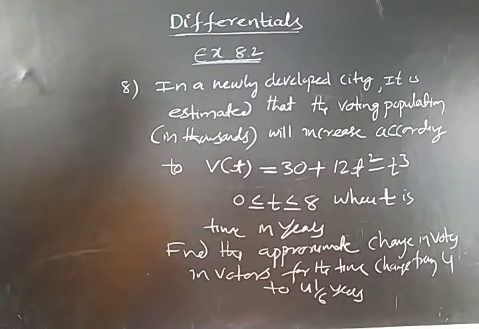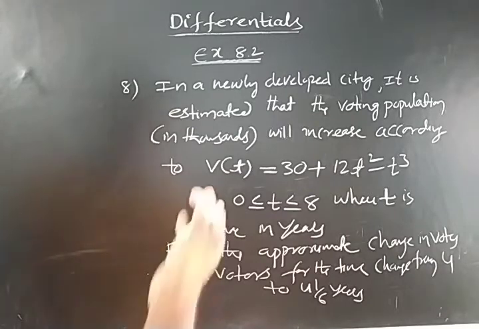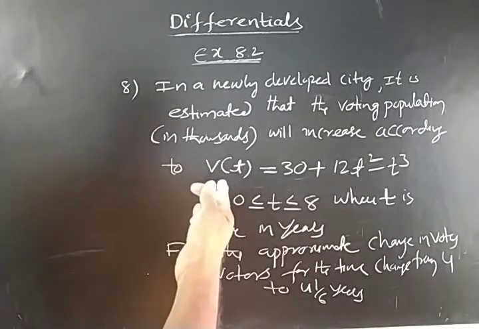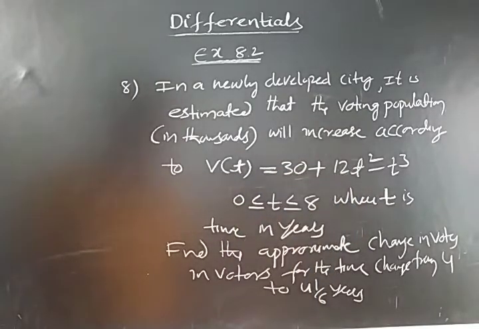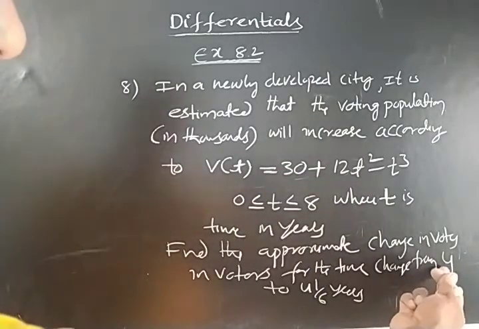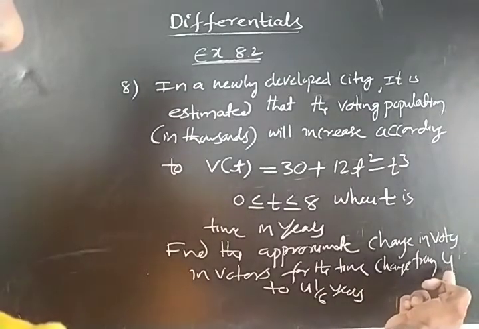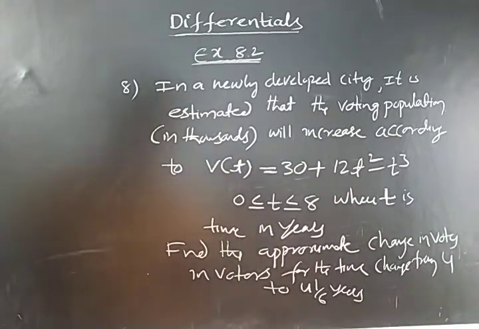Okay. Right. So we have to find dV here. V is population. Population is increasing according to the years. So time changes from t is 4 to 4 1 by 6. So t is 4 and change in time is 1 by 6 extra, right? Delta t is 1 by 6.